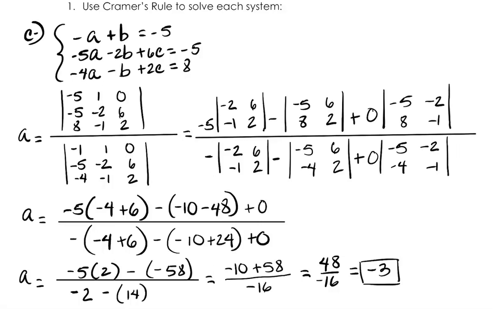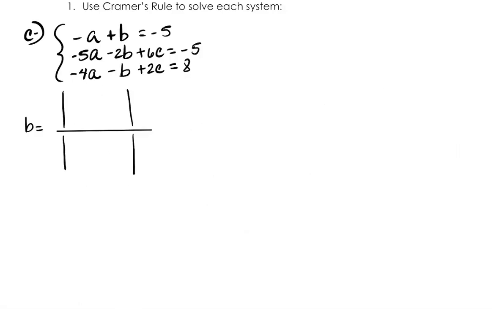Now let's move on to finding b. To find b, put the solutions of the system in the second column and the coefficients of a in the first column and the coefficients of c in the third column, all divided by the determinant of the system.